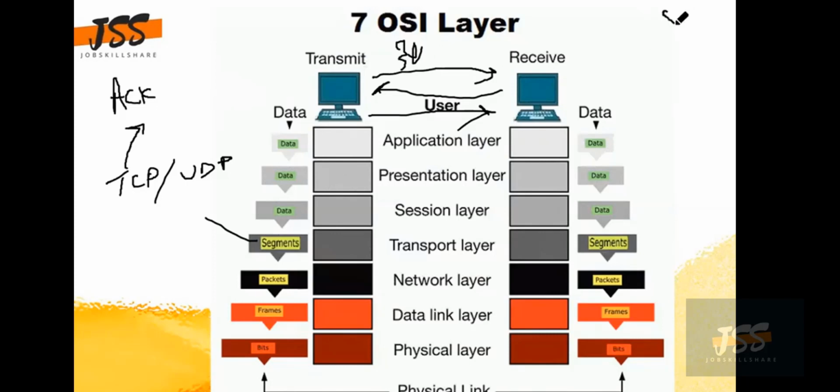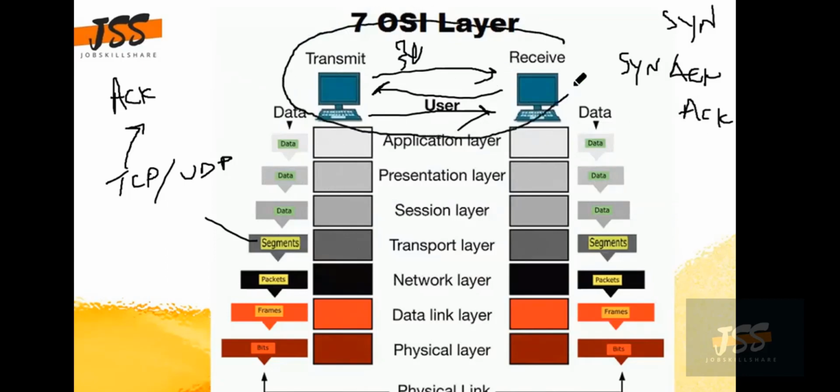The SYN will be sent to the receiver, and the receiver is going to send back the SYN-ACK. Basically, it is saying that I have received your SYN, and I'm going to acknowledge that. And then in the end, the ACK will be sent. This will be the final ACK. So this is how the connection will be established, and then whatever the transaction is going to happen later on, it will happen.